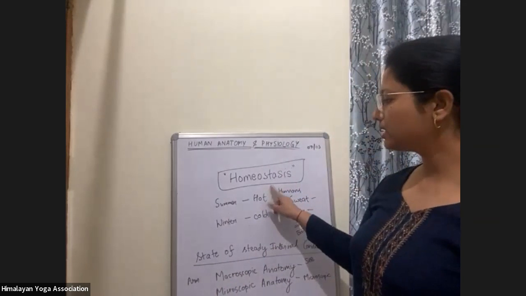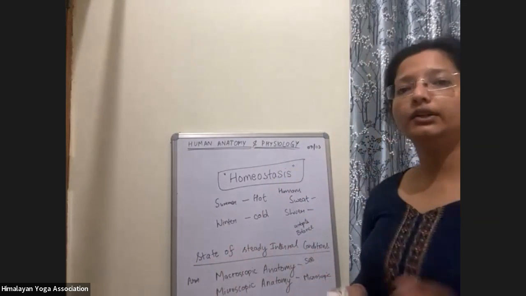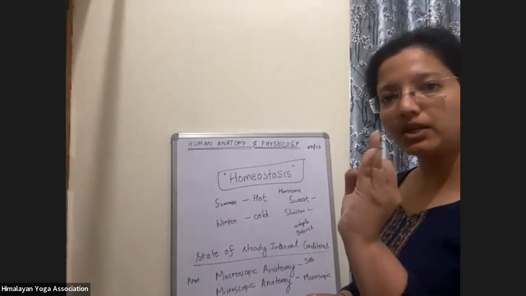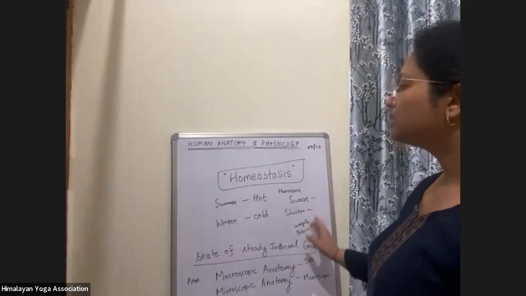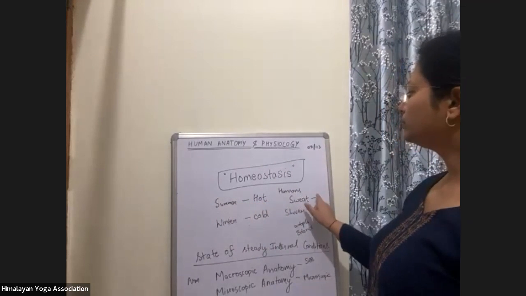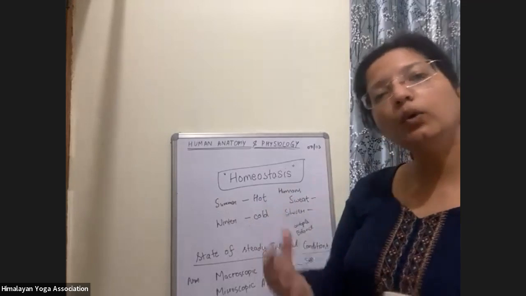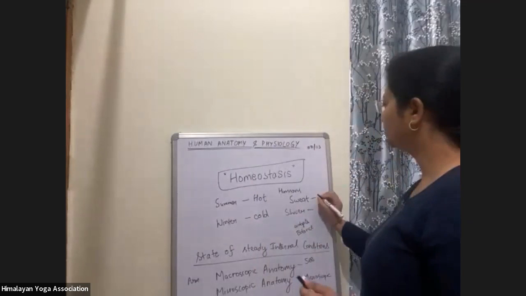What is homeostasis? Homeostasis is a state of steady internal conditions. A human body will always try to maintain its temperature and its blood pressure so that it functions efficiently. An example of that is in summer it's hot, so the human body sweats because that sweating causes the cooling of the body. It is to cool down the body.